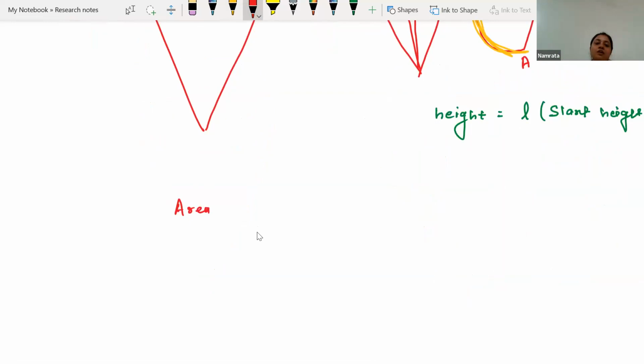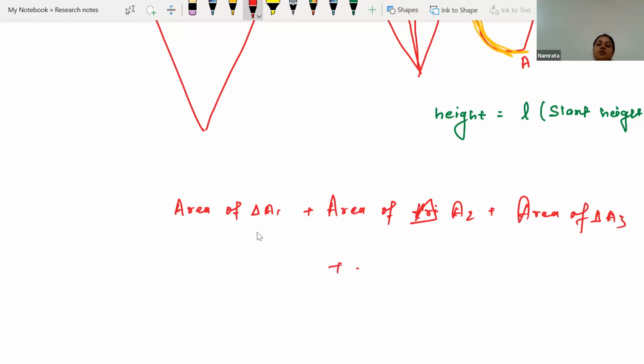Area of triangle A1 plus area of triangle A2 plus area of triangle A3, like this, plus dot dot dot. Once we add all the triangles' areas, we will get the area of the total curved surface area or the surface area of this cone.